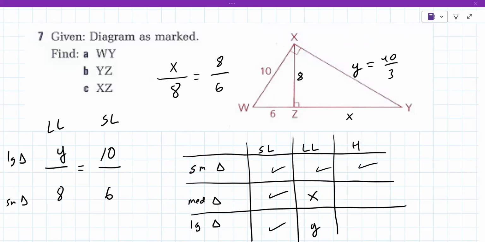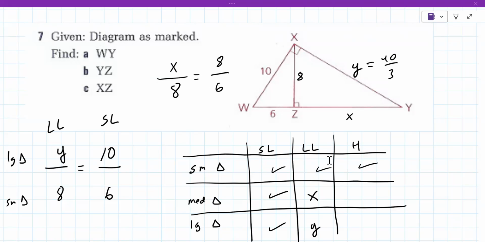With the medium long leg being that, how would I find the hypotenuse with just that proportion?